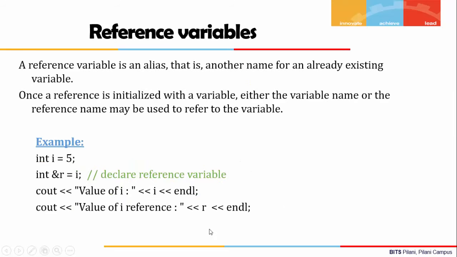Next, we have reference variables. A reference variable is an alias, that is, another name for an already existing variable.